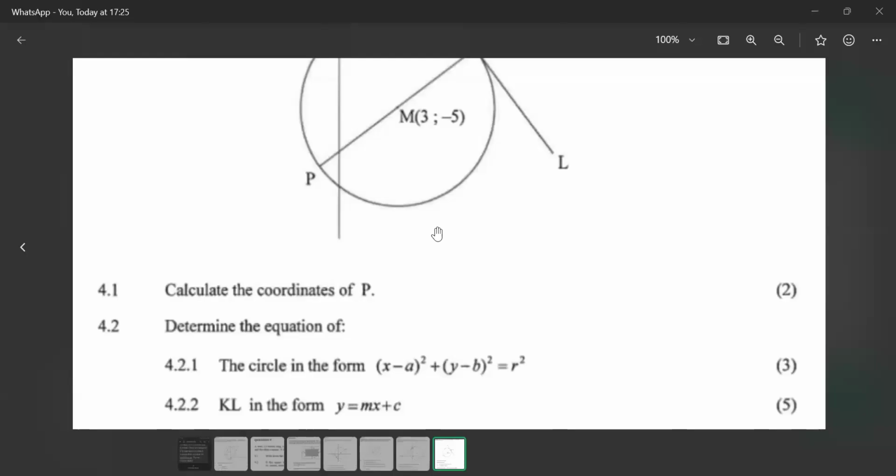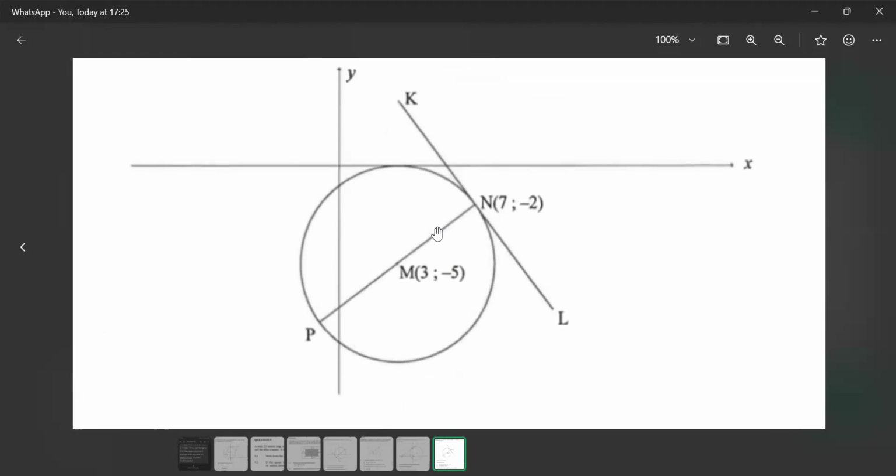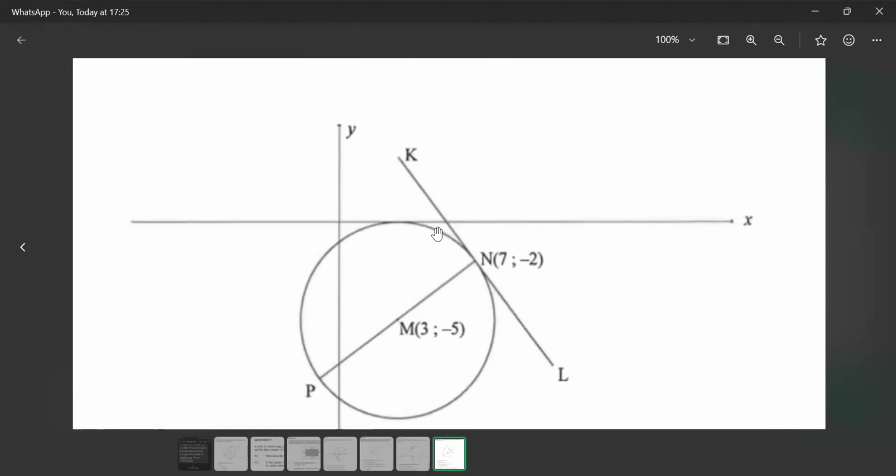So now if we look at the next one, they say to us, please determine the equation of a circle in the form (x - a)² + (y - b)² = r². So find it in center form, right? Okay, fine. So the question is, how are we going to find it?